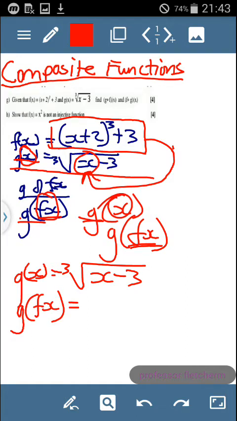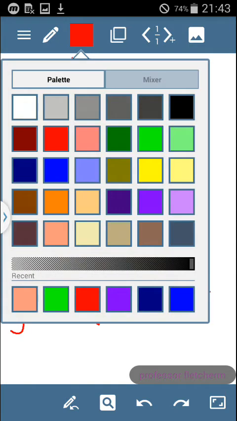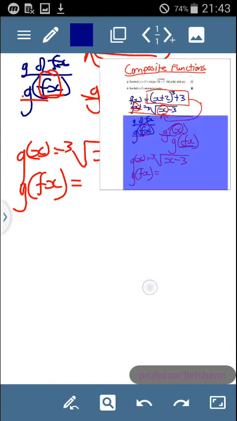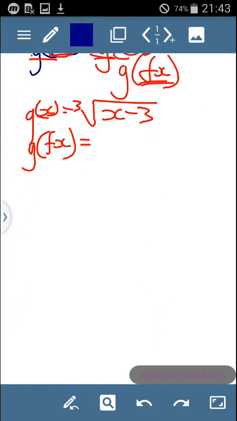This is now equal to the cube root, and it's going to be a bit bigger. Let me write it a bit lower down so that you can see it properly. So this is equal to the cube root, and it's supposed to be x minus 3.